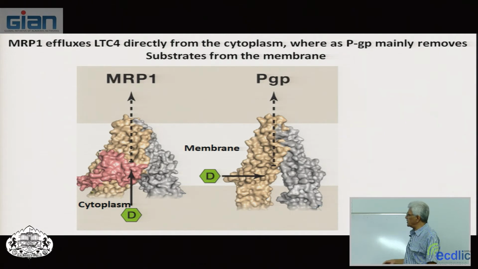As you can see here, the drug, at least LTC4, actually is not able to partition from the membrane, but it comes from the cytoplasm, because these structures show that there is no real entry point from the membrane. It has to enter from the cytoplasm and then gets pumped.